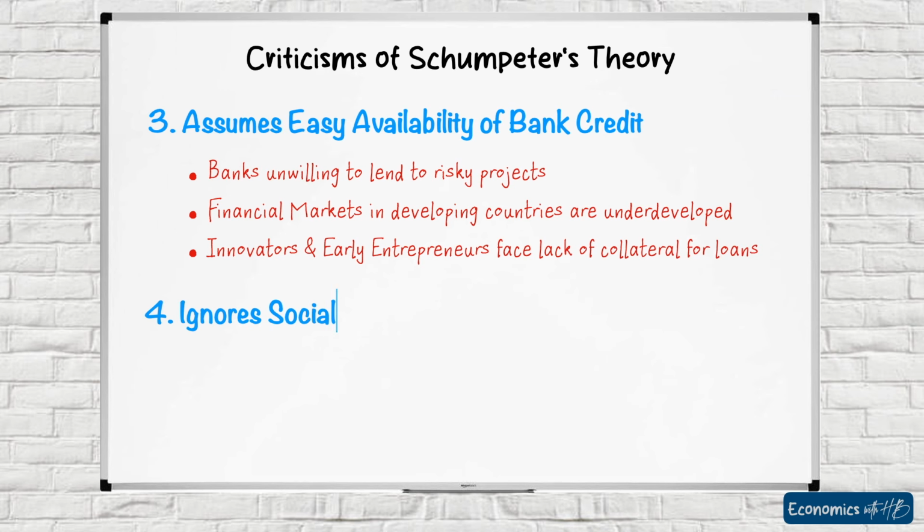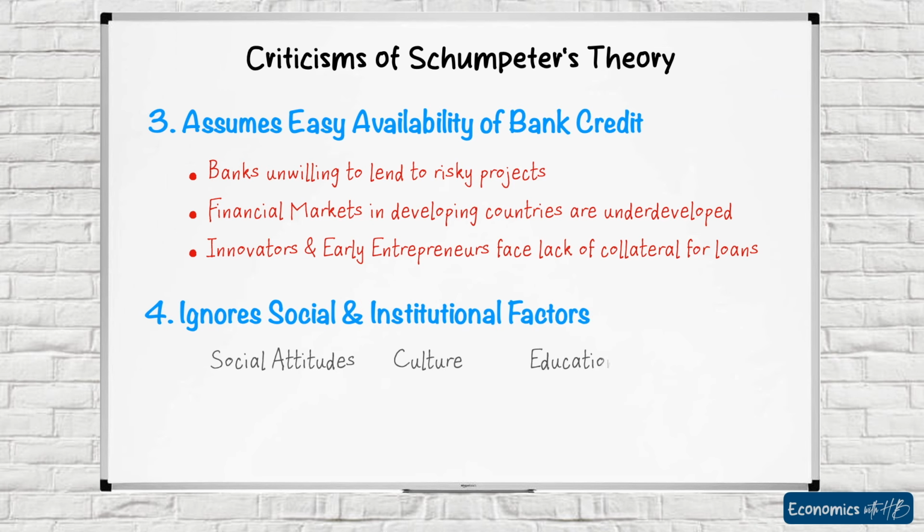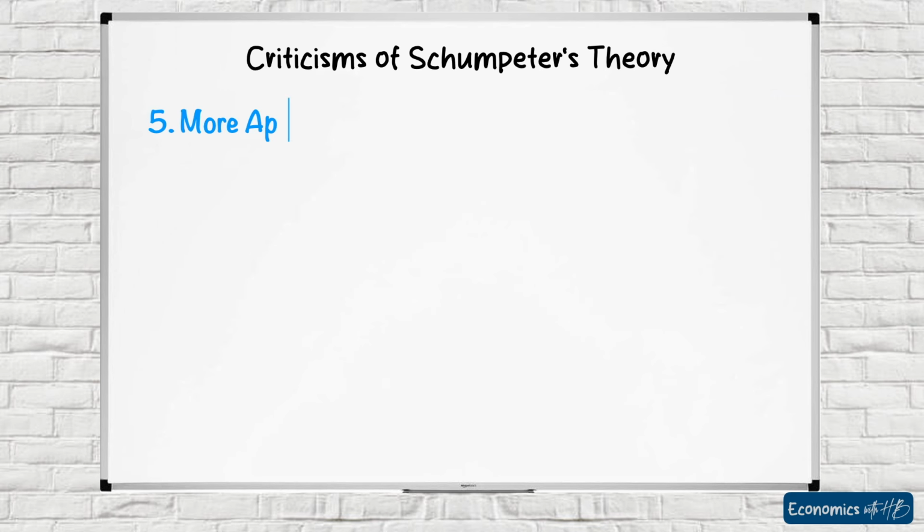He ignores social and institutional factors. The theory focuses mainly on economic variables and pays insufficient attention to social attitudes, culture, education, legal institutions, political systems, etc. These factors strongly influence entrepreneurial activity and economic development. एक criticism ये भी है कि Schumpeter's theory is more applicable to developed economies.